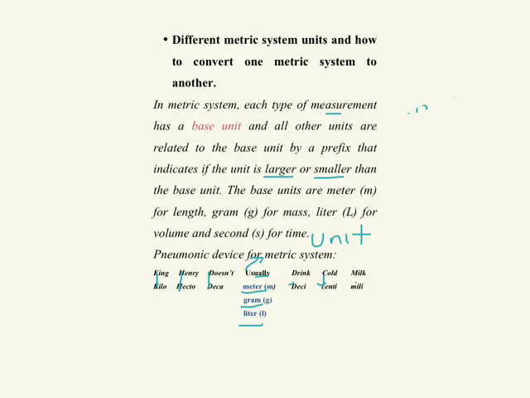So for example, let's say you are given 5 kilometers and you have to change it to meters. Now where is kilo? Kilo is here. Where is meter? It is here, the base unit.